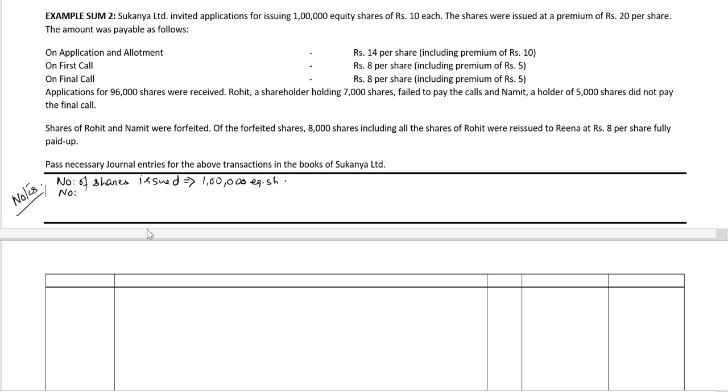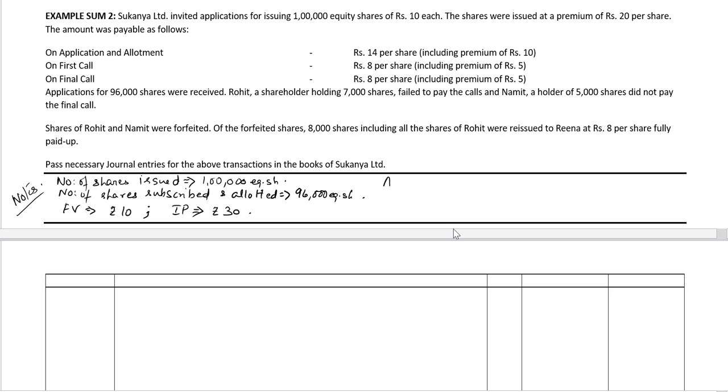Number of shares subscribed and allotted: 96,000 equity shares. The face value of the share is rupees 10 and the share is issued at rupees 20 premium, so the issue price is rupees 30.